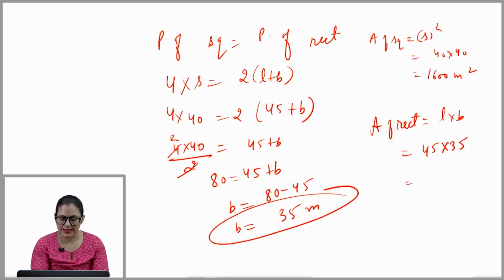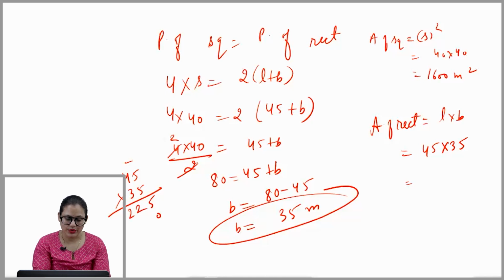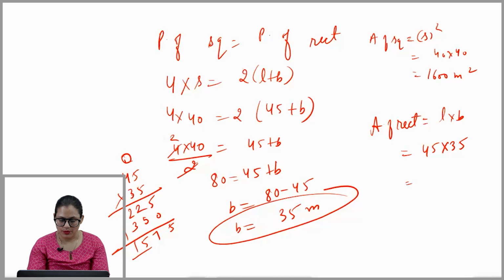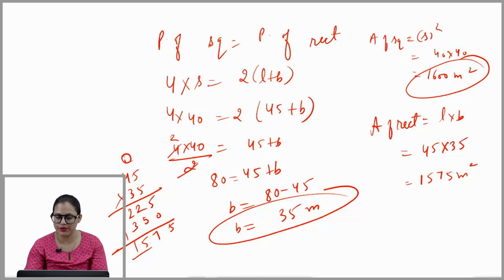Let's do the multiplication. 5 5s are 25, 2 carry. 4 5s are 20, plus 2, 22. 3 5s are 15, 1 carry, 3 4s are 12, plus 1, 13. So 1575 meter square.